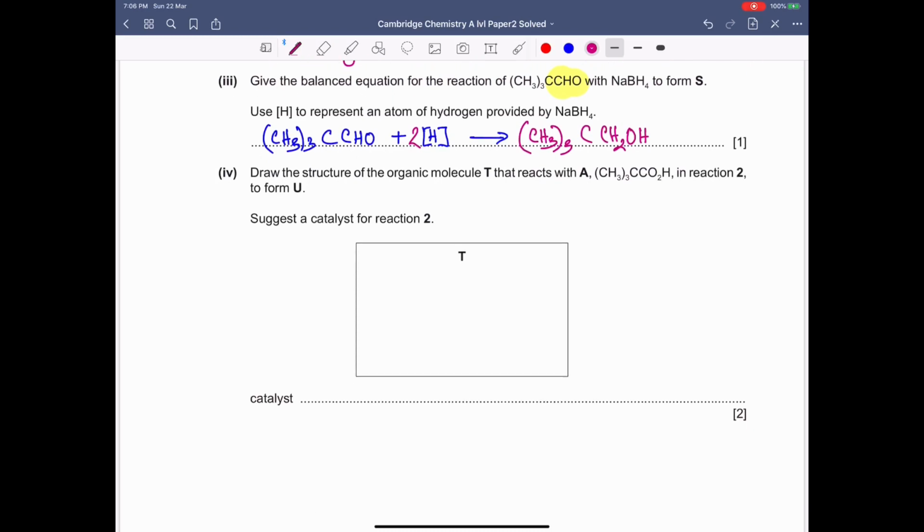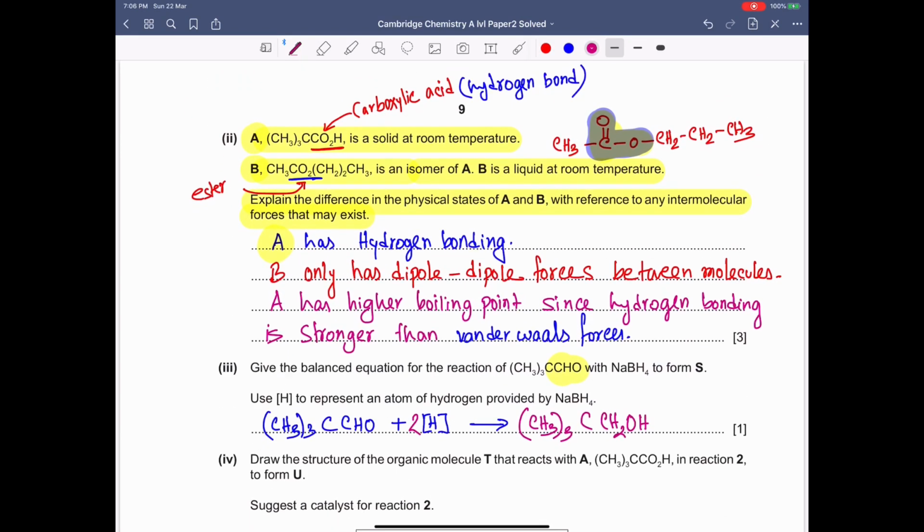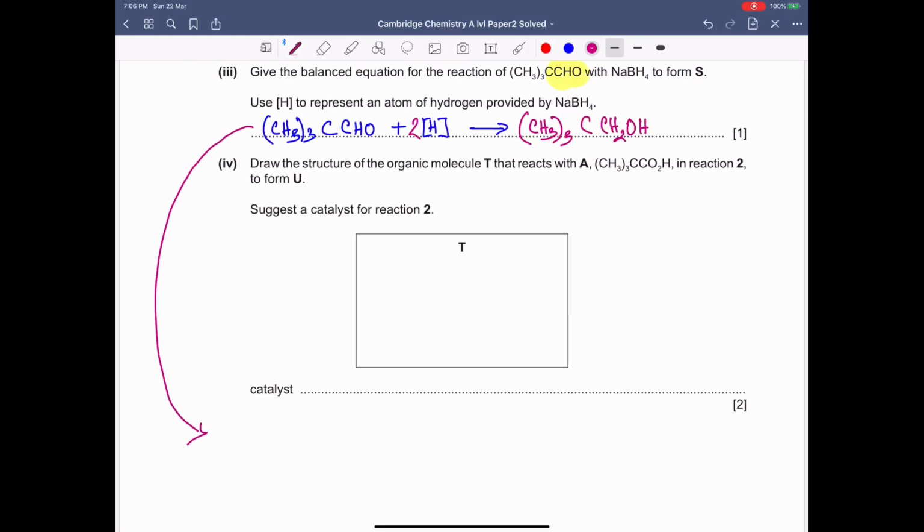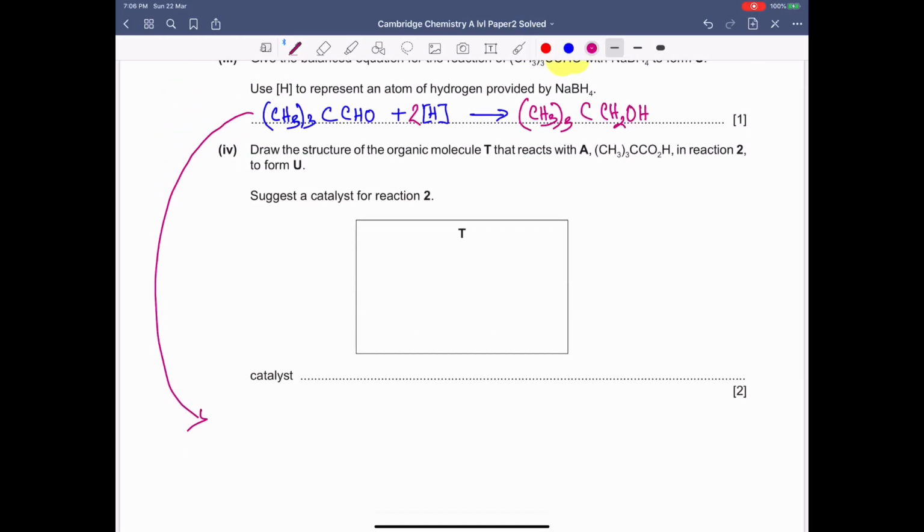a primary alcohol. I think some of you might want an explanation for this, or the mechanism, how does it work. So I'm going to go ahead and do it for you guys. CH3CHO.